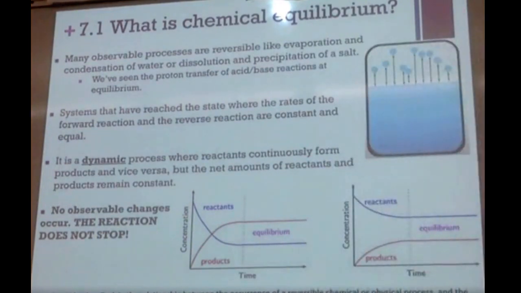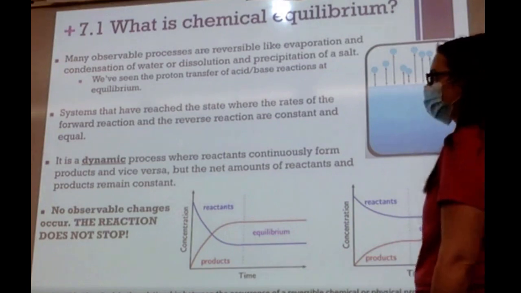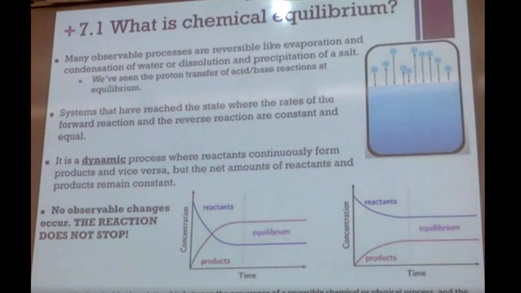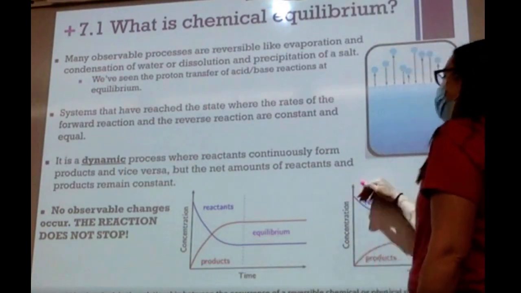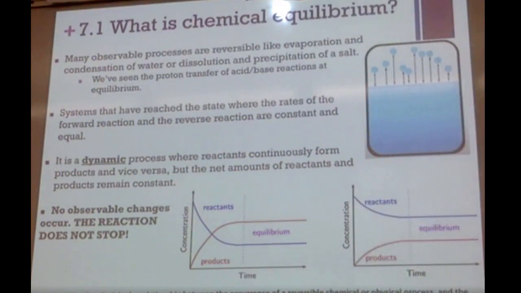Systems that have reached the point where the forward and reverse reaction rates are equal have reached equilibrium. So when something has reached equilibrium, the forward and reverse reactions are constant and equal. Equilibrium is a dynamic process. The reaction does not stop.